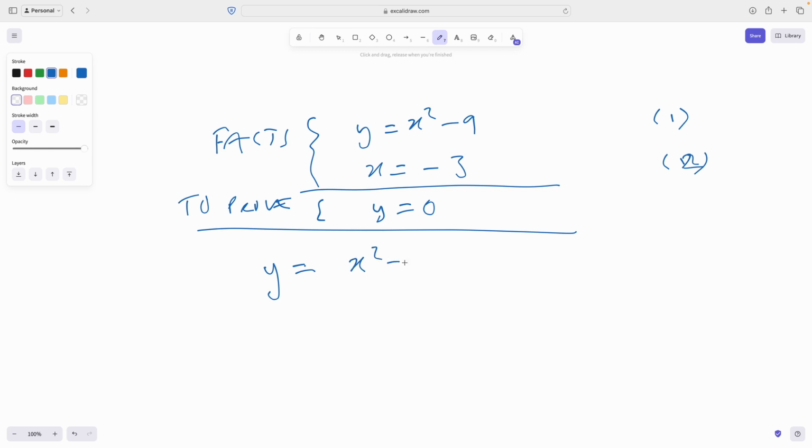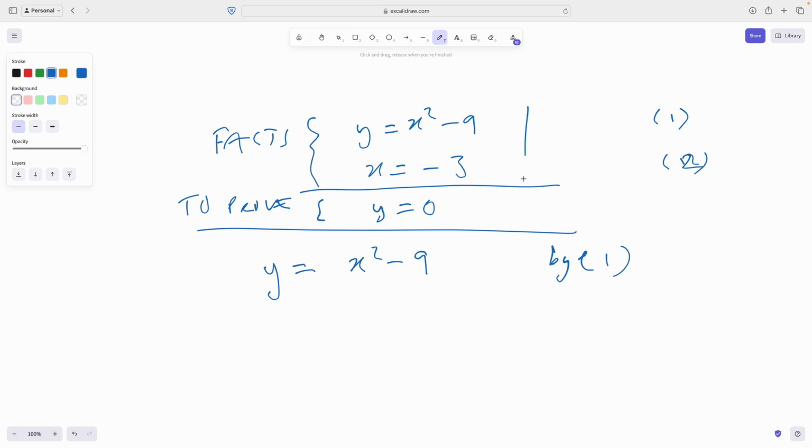So x squared minus 9 using fact 1 by 1. And that's great, we made progress. But we want to get rid of the x because, looking at our target, our objective, y is 0, that's just a pure number. So somehow we've got to get rid of things that aren't numbers here. 9's a number, so we can probably do some calculation. But x is not a number, so we could try and resolve that in some sense.